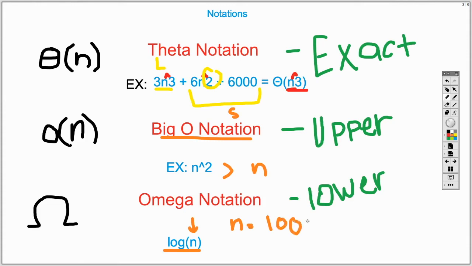When I put this formula, log 1,000, into a calculator, it would output 3. We can clearly see that contrast, that 1,000 is much higher than 3. So that's why this is considered to be a lower bound.